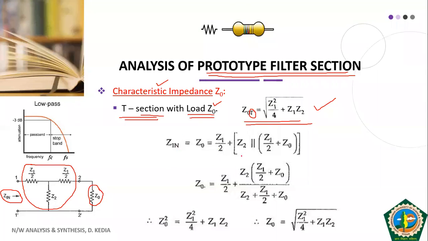Here you can see that we have Z1 by 2 in series with the parallel combination of Z2 and Z1 by 2 plus Z0. If you carefully look at this, you will understand how we derived this. This is the characteristic impedance of the T section, which we saw in detail in the previous class.